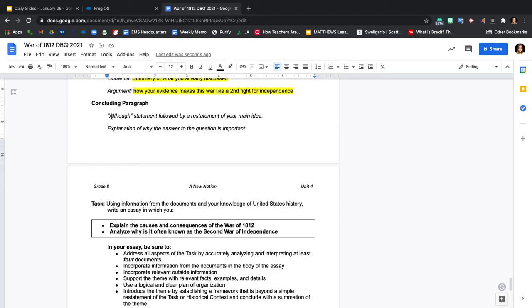So the although statement shows that you can acknowledge the other side of this argument. So some people might argue that this isn't a second fight for independence, and that's fine. So we're going to use this although statement to acknowledge that there are people that might argue that. So we're going to acknowledge the other side.